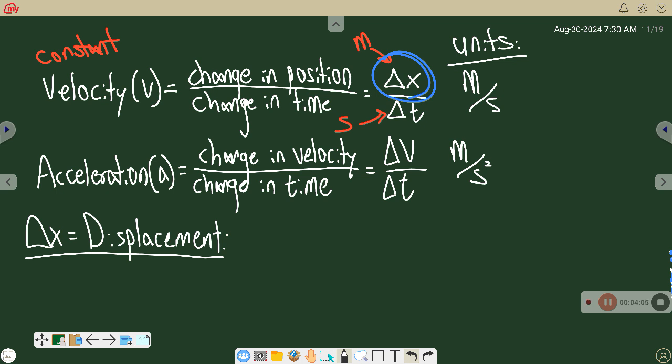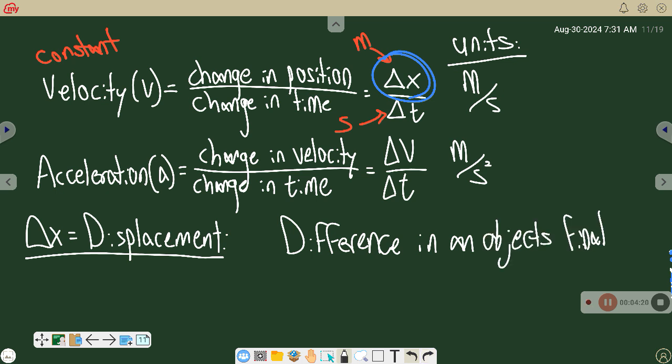And the displacement of an object is just the difference between an object's final position and its initial position.